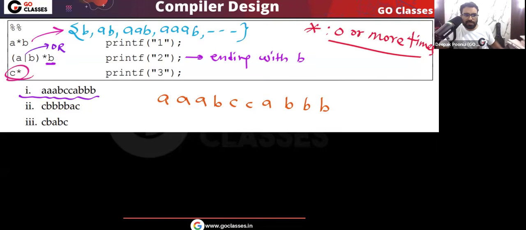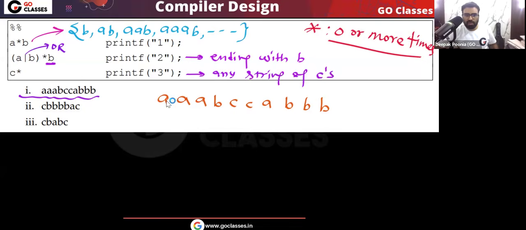Star means 0 or more times, so C star is basically any string of C's.